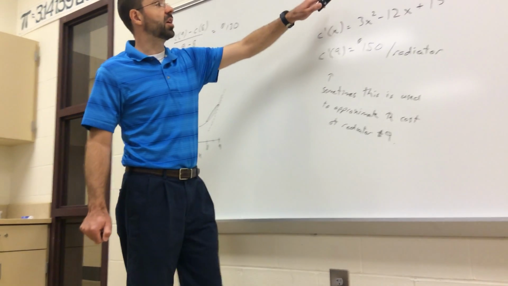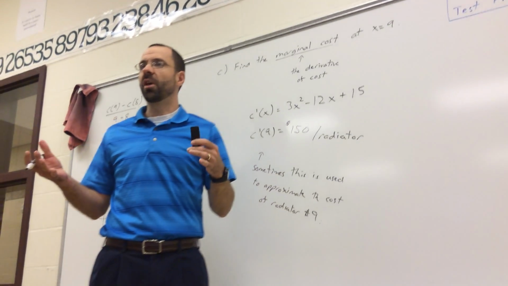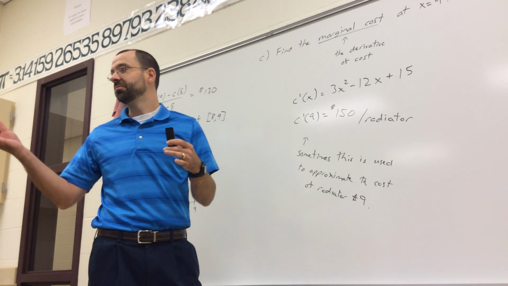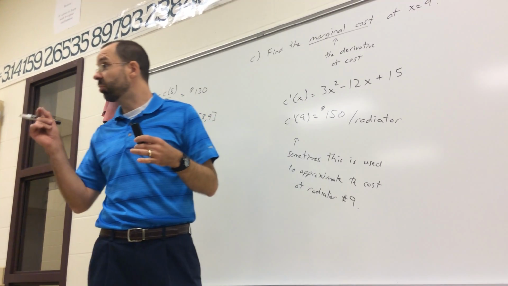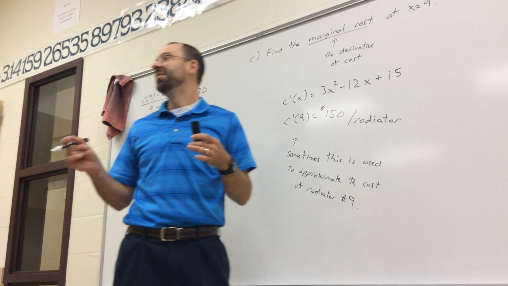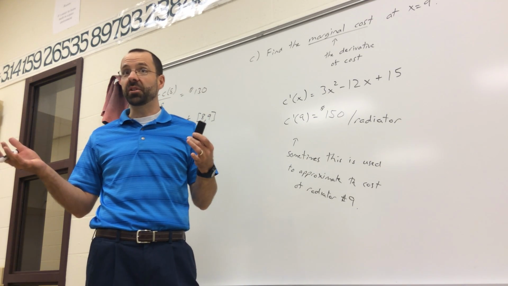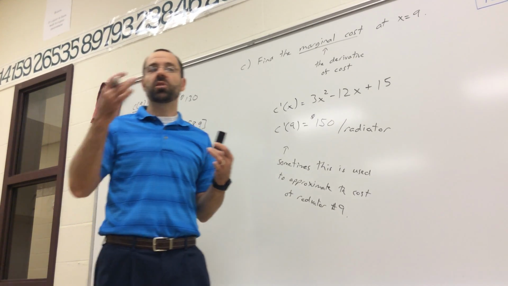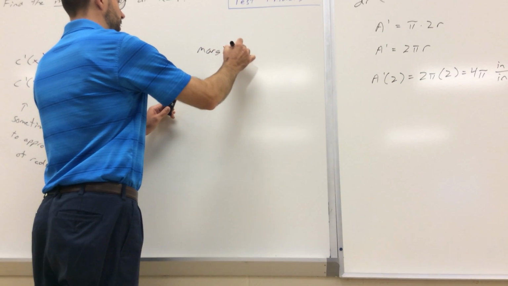Okay, so marginal cost is the derivative of cost. So what do you think marginal revenue is? No, that would be marginal profit. So what do you think marginal revenue is? It's the derivative of revenue. Okay, so marginal cost is the derivative of cost, and marginal revenue is the derivative of revenue.